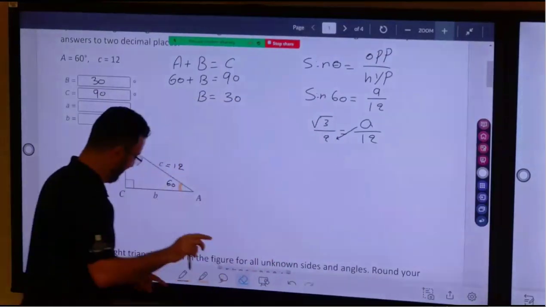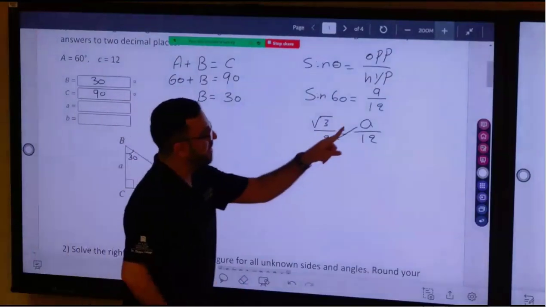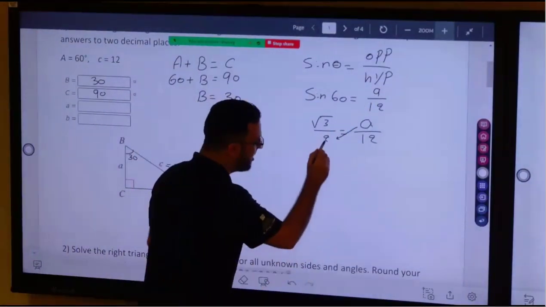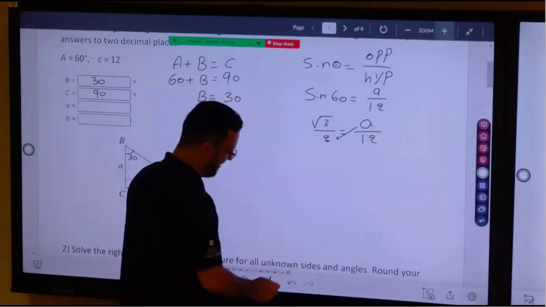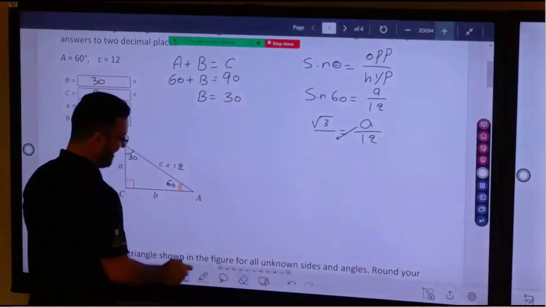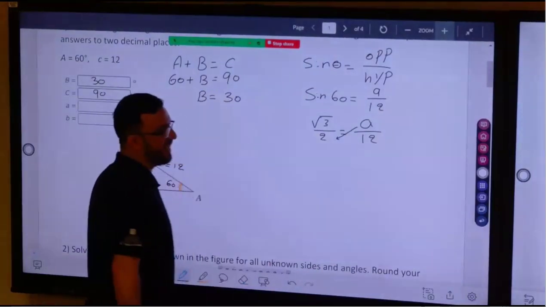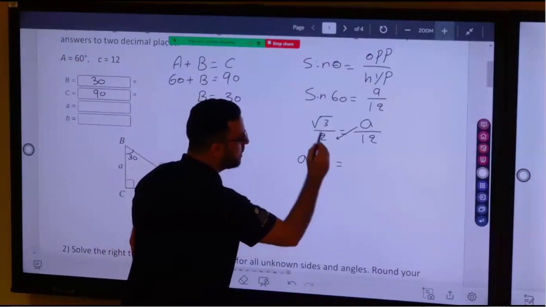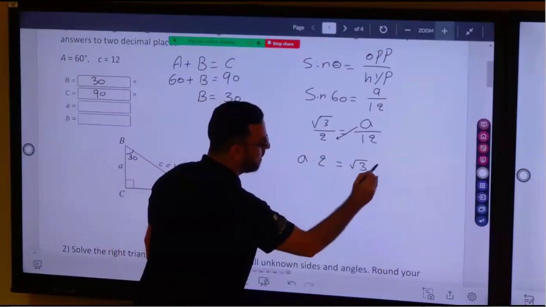It looked like a 9 or a Z, so let's fix it and make a better 2. Okay, so a times 2 equals square root of 3 times 12.